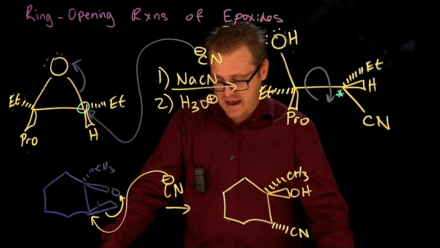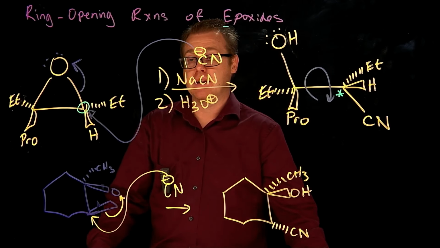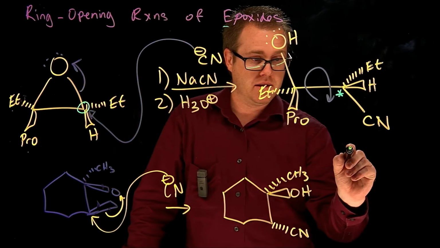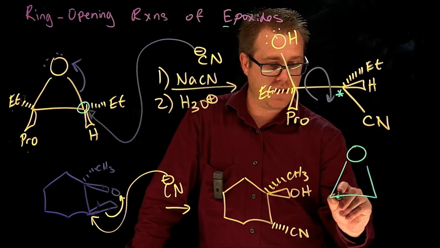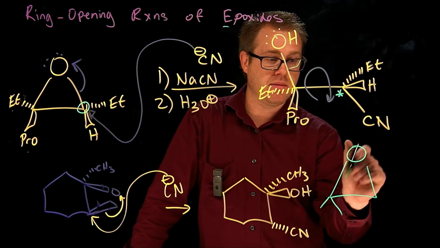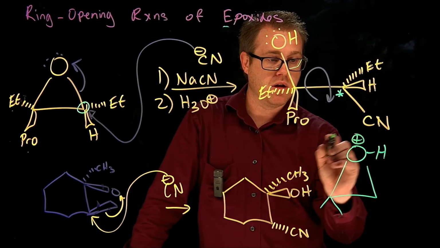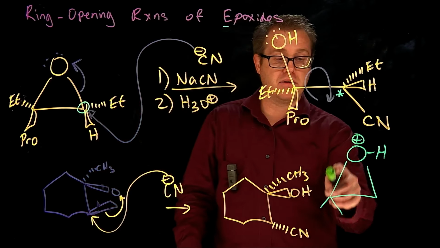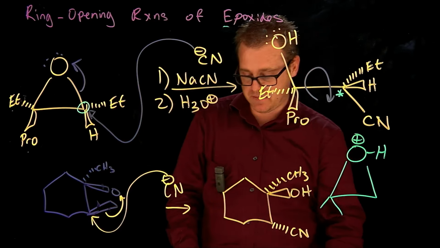So next, what we want to take a look at is epoxides that are now protonated. So we're going to take a look at epoxides that have different substitution patterns on the carbons, but that are also protonated. And we want to take a look at how the nucleophiles interact with that type of epoxide.